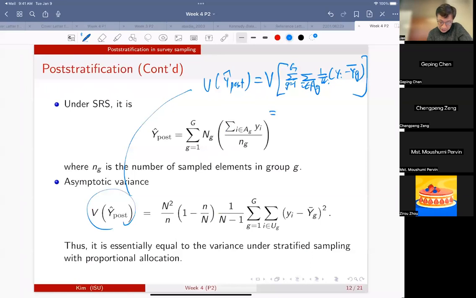but the idea is you can just write it. Okay, maybe, yeah, you can write it as g equal to 1 to G, same thing. Okay, let me, sorry, let me back up. So let's write this guy, yi star, where yi star is the sum over g equal to 1 to G of yi minus y bar g times Cig.